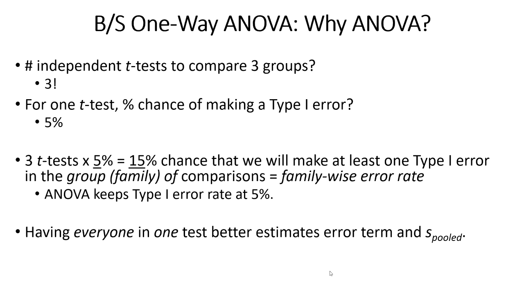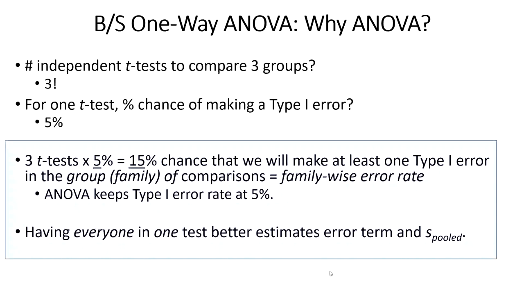And so having everyone in one test, liberals, moderates, and conservatives all in one test, we're going to have better estimates of our error term and S pooled. And so these are the two major reasons why ANOVA is advantageous to doing a series of independent t-tests. ANOVA keeps the type 1 error rate at 5%, and ANOVA better estimates the error term and S pooled value.